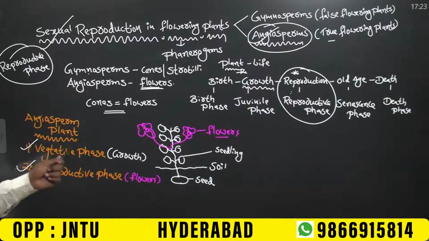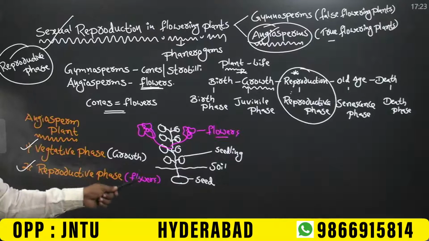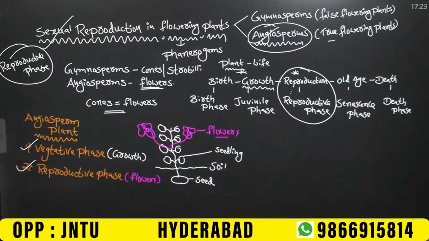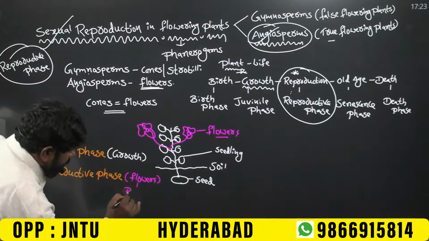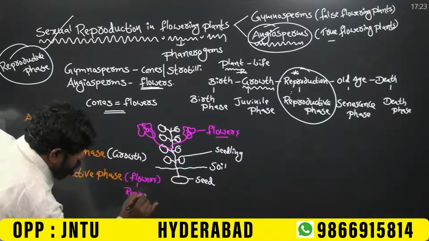During the vegetative phase, growth only takes place, but during the reproductive phase, the plant produces flowers. That's why the flower is considered the reproductive organ.